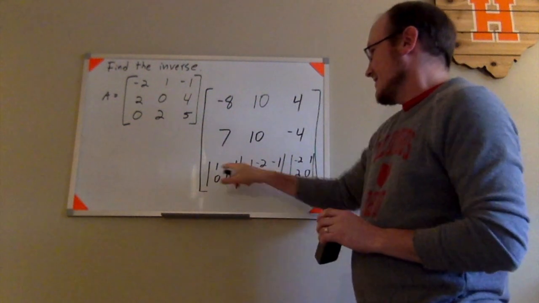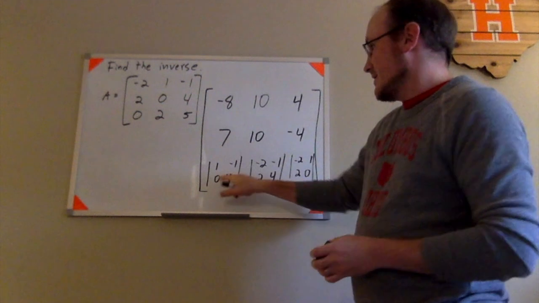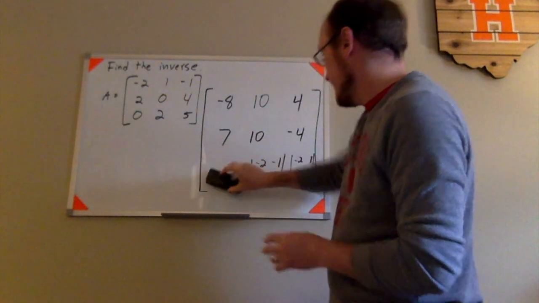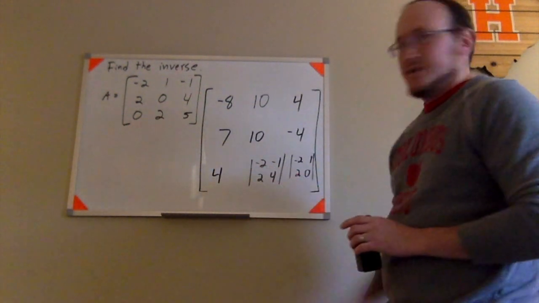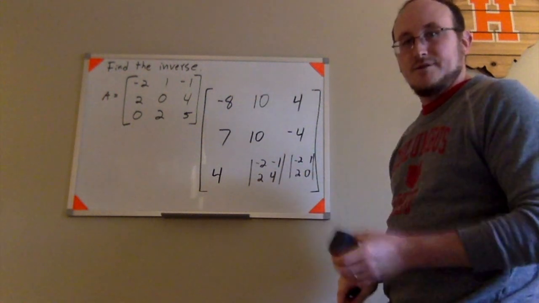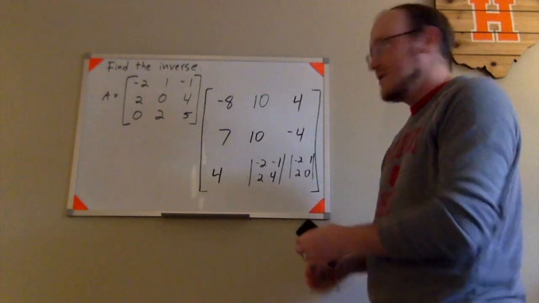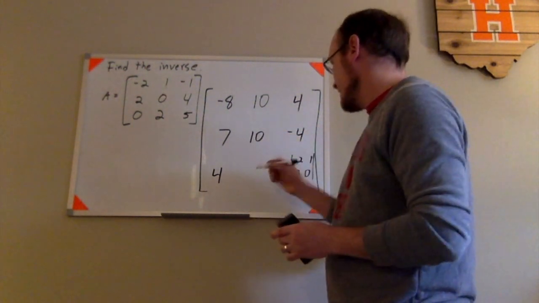Now, down here, again, evaluating this smaller determinant, 1 times 4 is 4. 0 times negative 1 is 0. 4 minus 0 is still 4. Negative 2 times 4 is negative 8. 2 times negative 1 is negative 2. Again, be careful here. We have negative 8 minus negative 2, which becomes negative 8 plus 2, which should be negative 6.